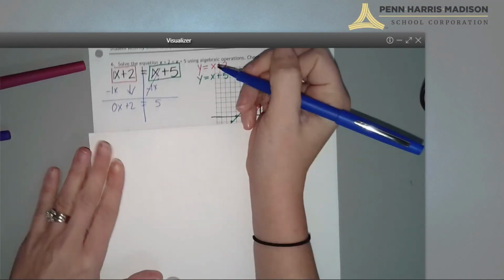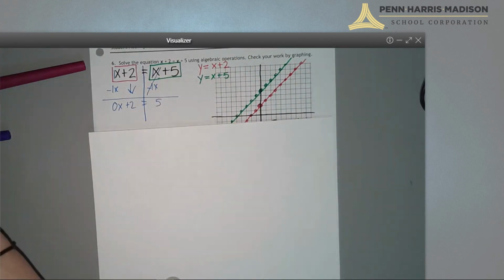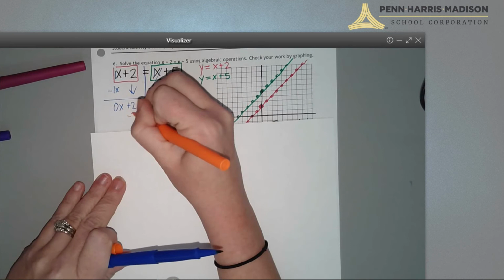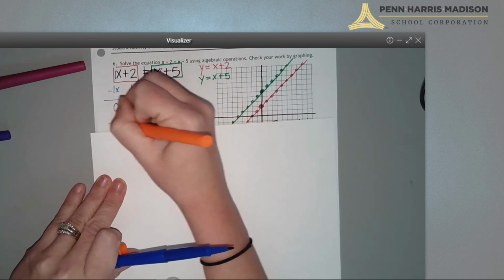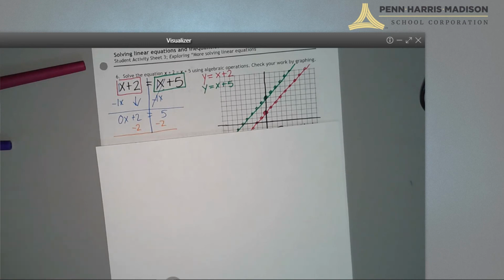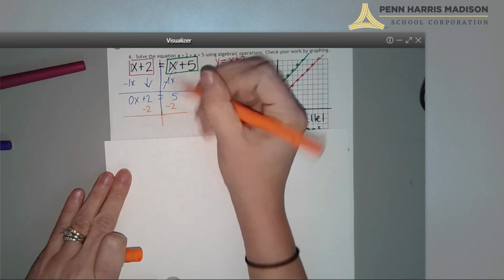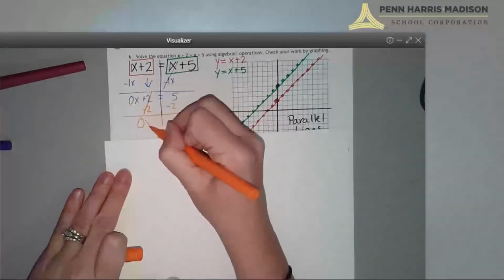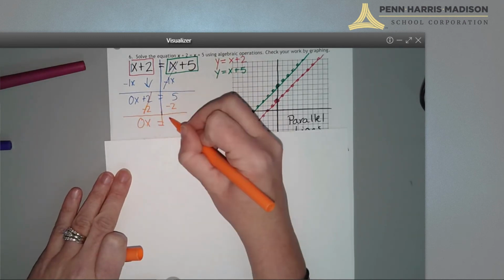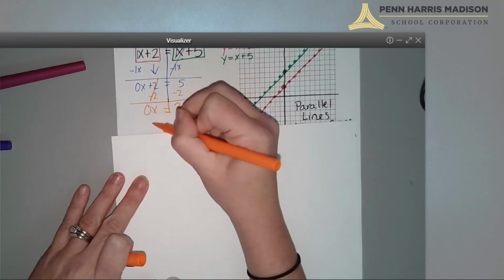Okay. Plus or minus my numbers to the right. So I'm going to say minus 2 on both sides. And guys, on these, see it through all the way. Some of you may be thinking, I know what happens. See it through. When I do this, guys, I'm left with 0x equals 3. Now, remember, anything times 0 is 0.